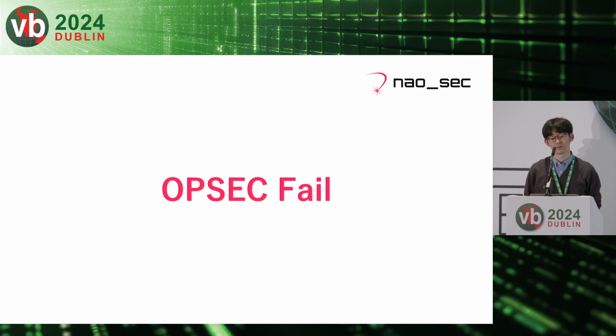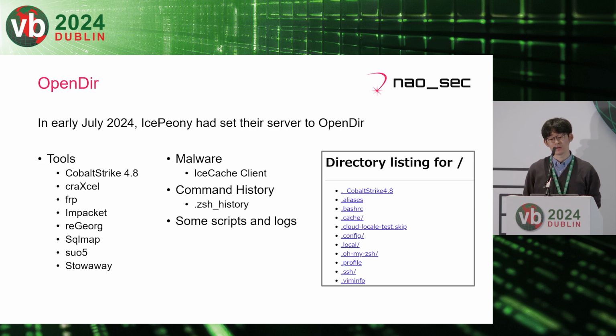Now, let's take a look at their interesting mistake. One day in July, we discovered a host that was publicly exposing attack tools such as CrowdStrike and SQLmap and so on. Even more interesting, there was a Zsh history file.